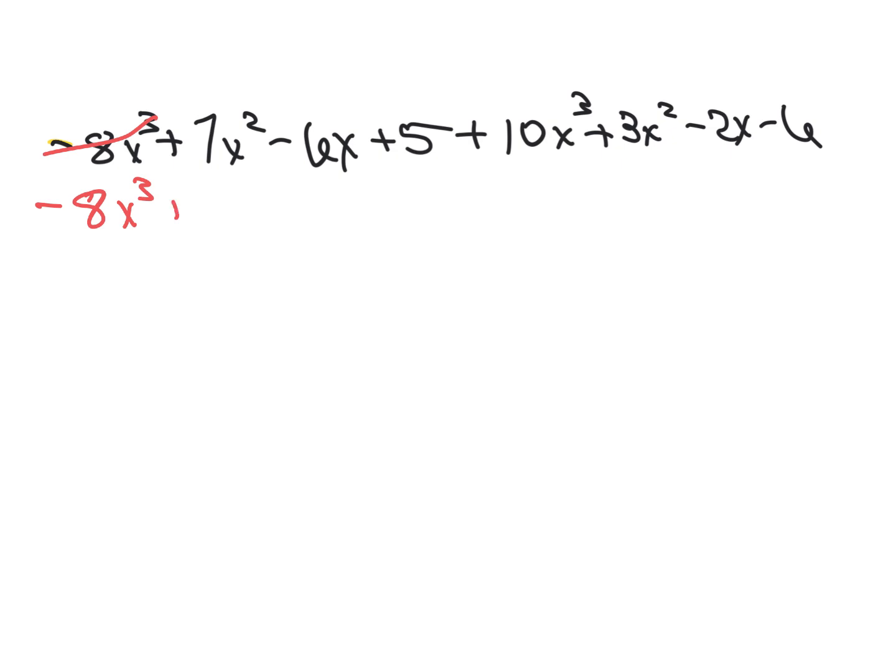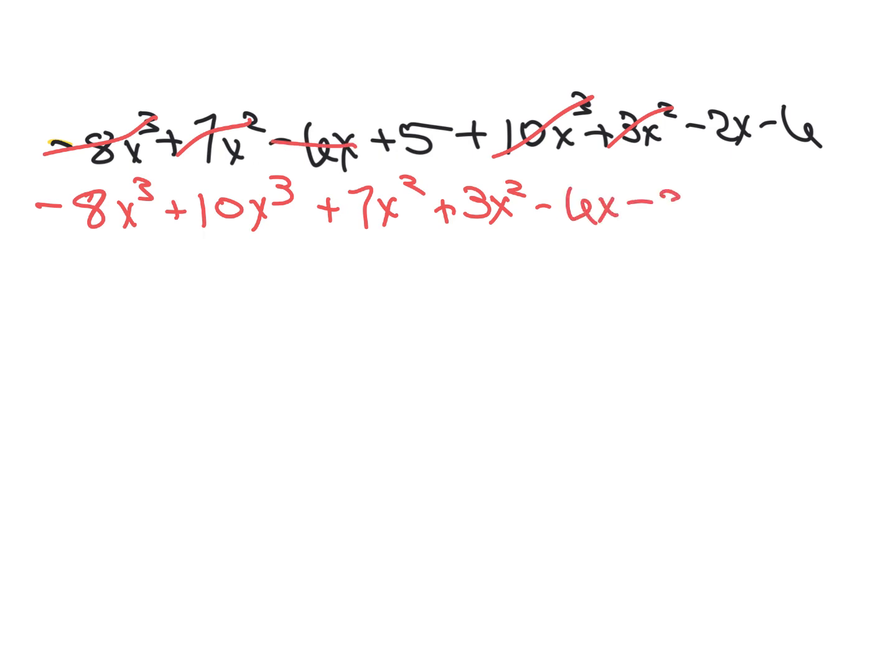And then I cross out as I write it down, because sometimes you get a whole big list and you don't remember what you've used and what you haven't. Plus 3x squared. This takes a little bit of time, but time is good to take if it's going to keep you from making a mistake.